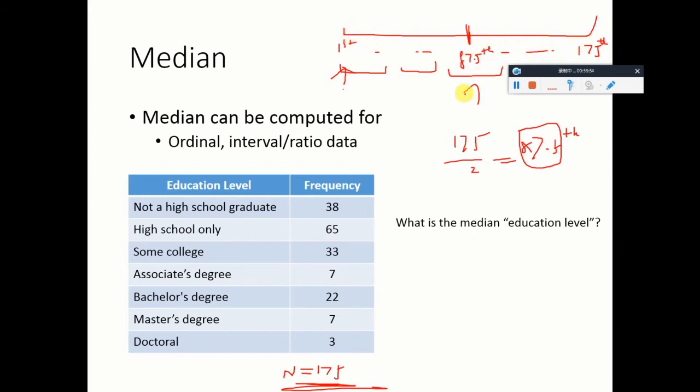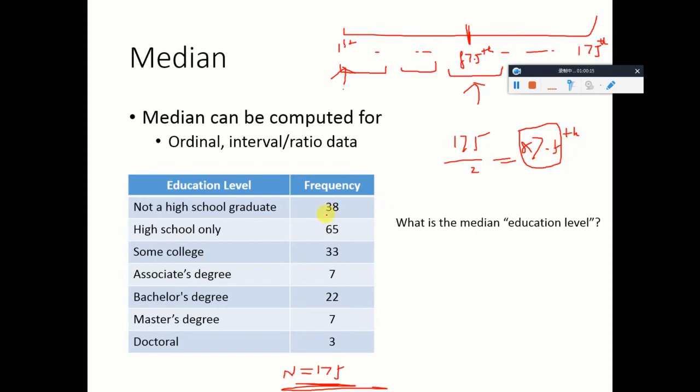Then this particular education level will be our median education level. Okay? So how to find that? So now we have a goal. We need to find the category that includes this 87.5th individual.